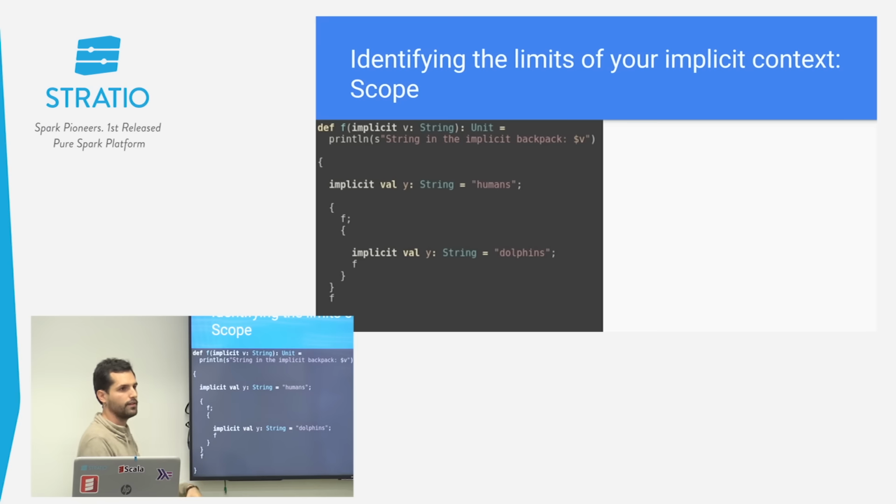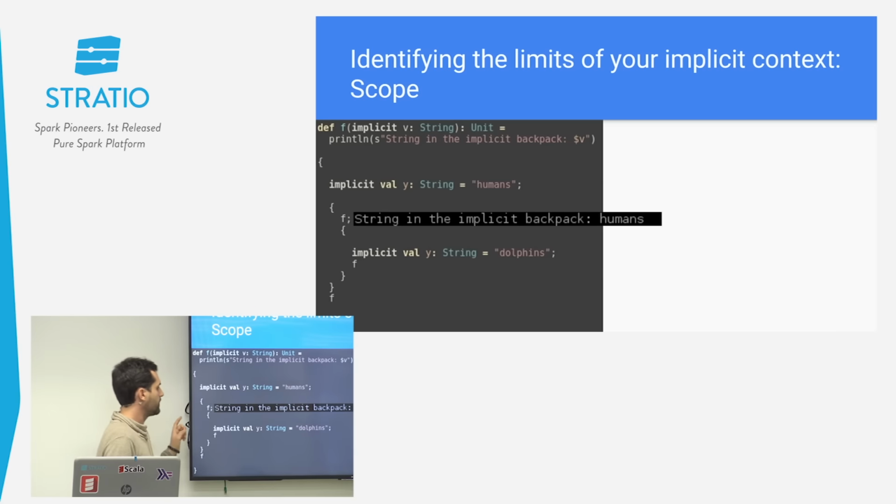It's just a leveling. We have an implicit parameter, so the compiler will first look for one, and then it will check that there is a value of that type in the same scope. So it will show humans. It will take that value.